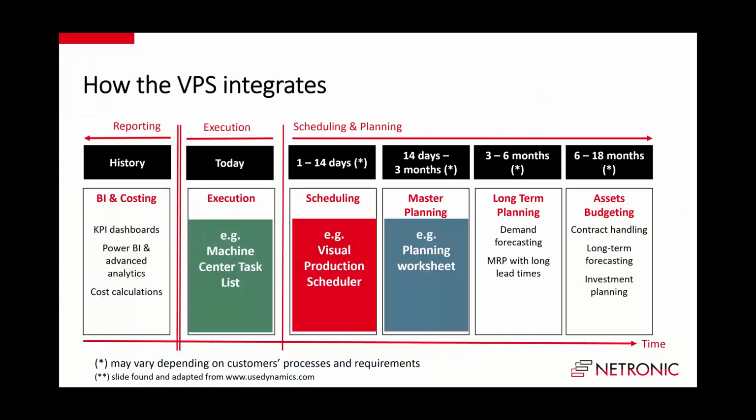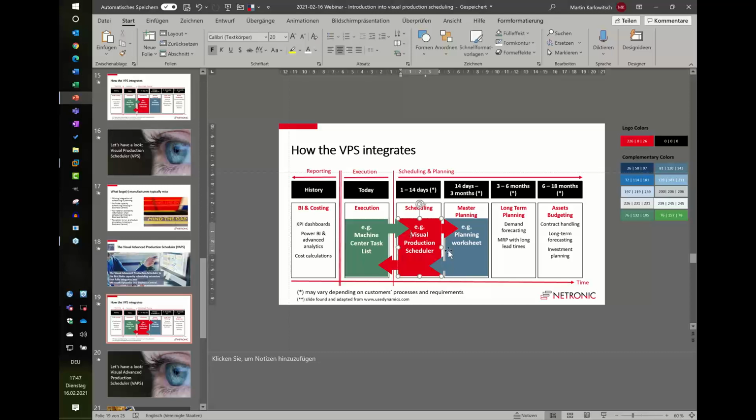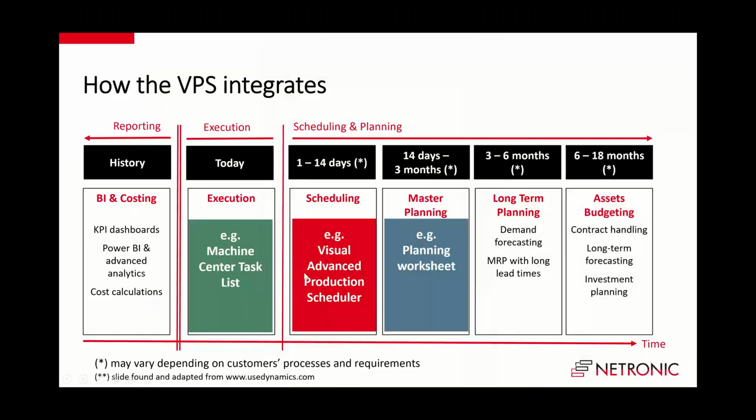And when we remember this sheet, and now, sorry for that, it should read now Visual Advanced Production Scheduler. We have the Machine Center task list and we have the planning worksheet. And with the VAPS, we not only have the same integration with the Machine Center task list that you saw before, but we also have the integration with the planning worksheet.